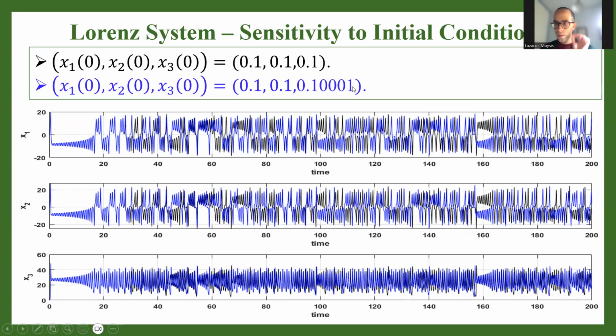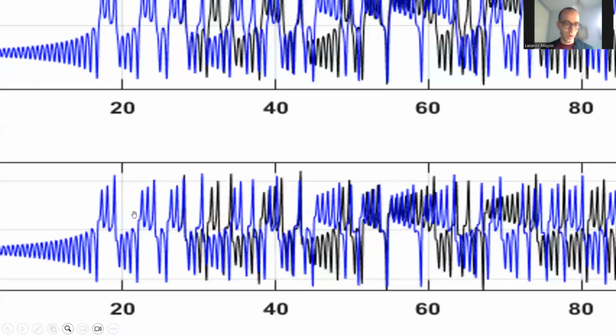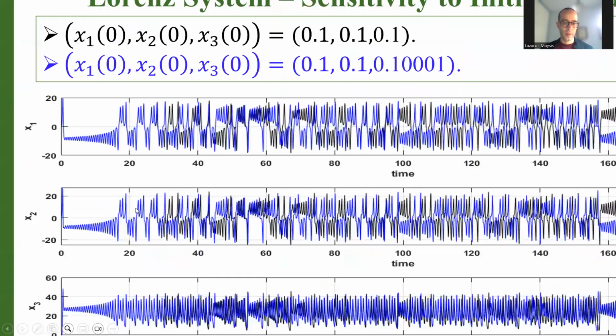So the difference is minuscule, as you can understand. I take these two systems and I solve them. The first one is in black and the second is in blue. For the first 20, 25, 30 seconds or so, you cannot observe any difference. The black trajectory, which is below, isn't really obvious.